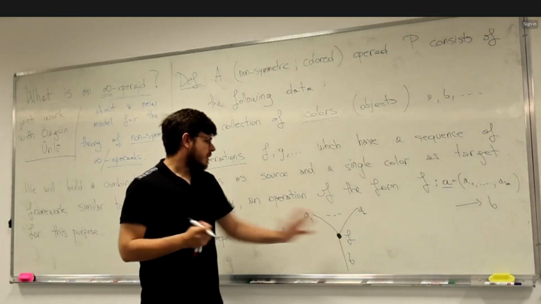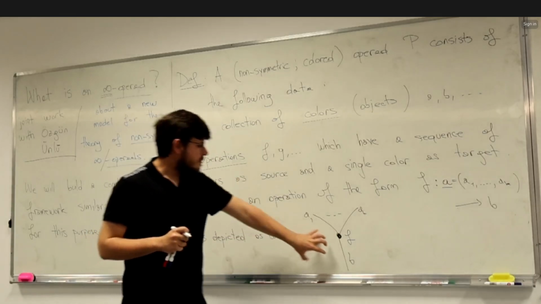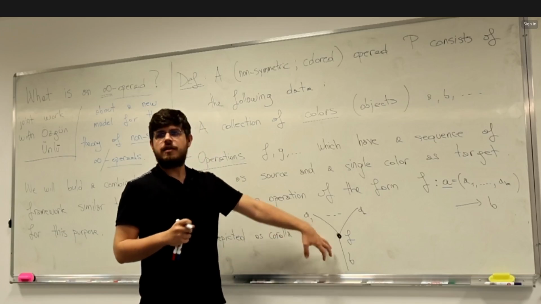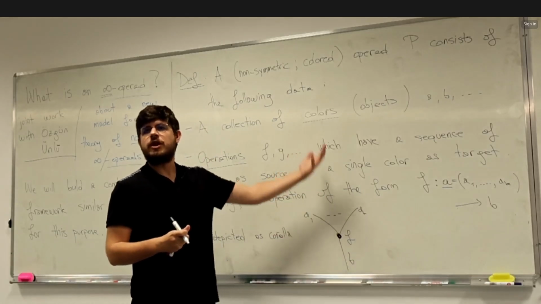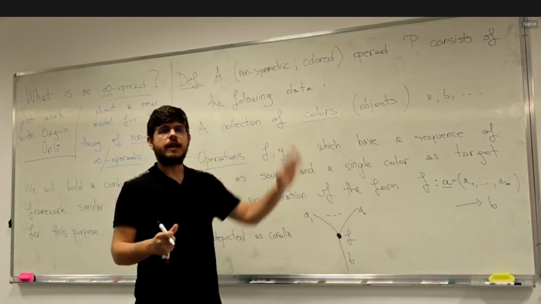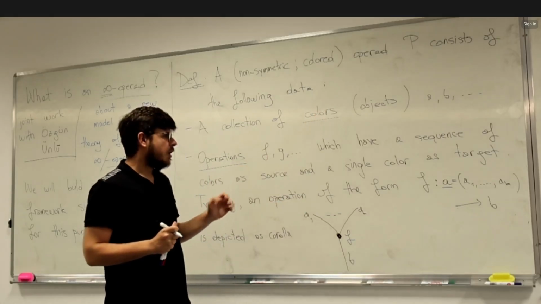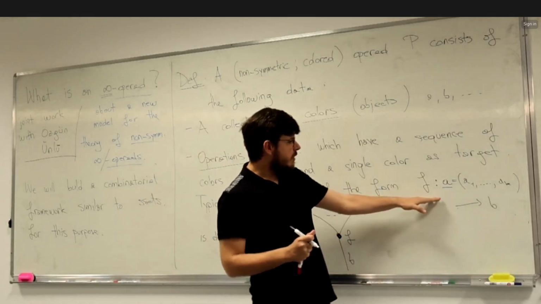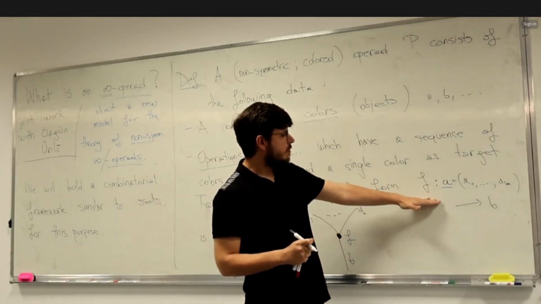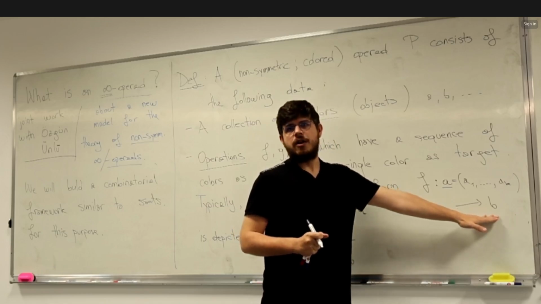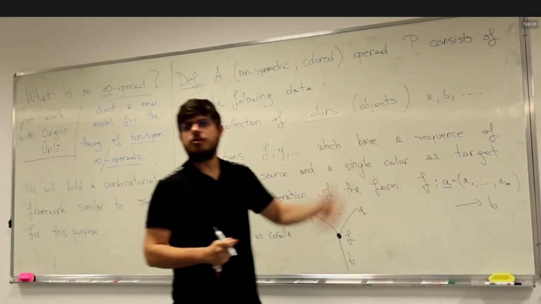This is a useful heuristic to imagine what operations look like and to understand what follows. Or you can think of it as a generalized notion of morphism from a sequence to a single object to make analogy with category theory.